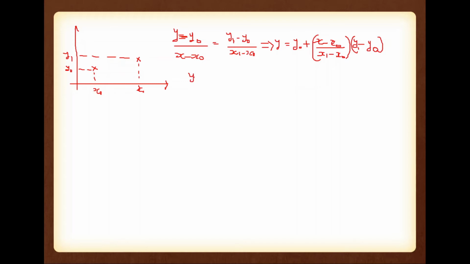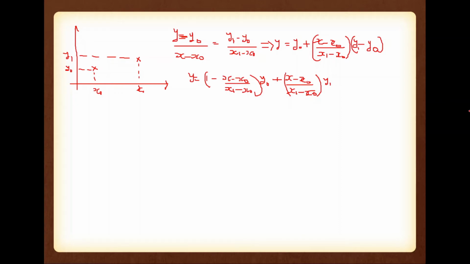So we can write y is equal to, taking the common term y0 outside, the remaining term is 1 minus (x minus x0) divided by (x1 minus x0), into y0, plus (x minus x0) divided by (x1 minus x0) into y1.